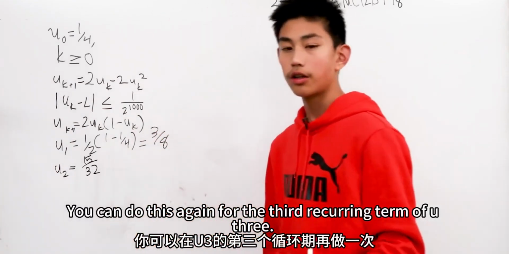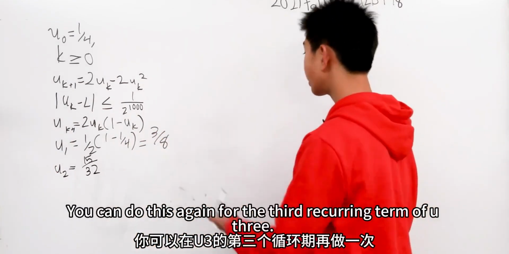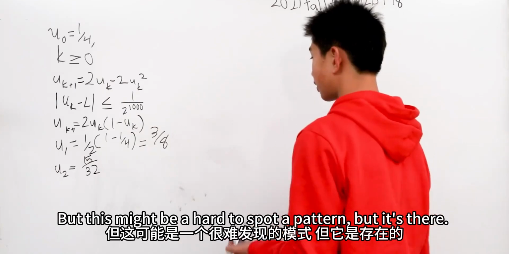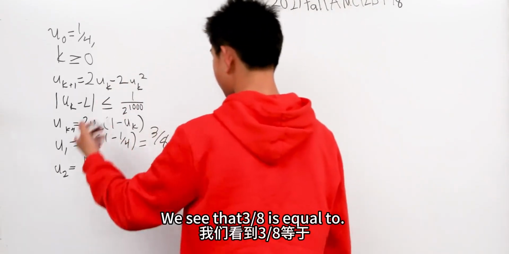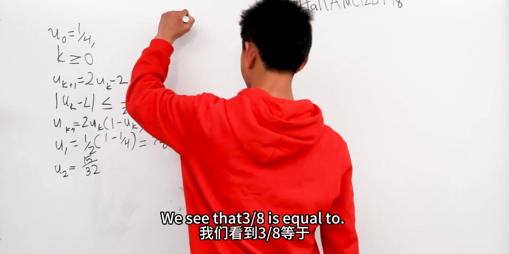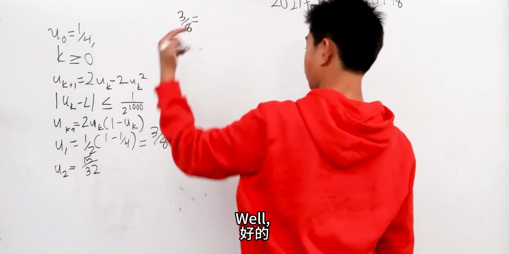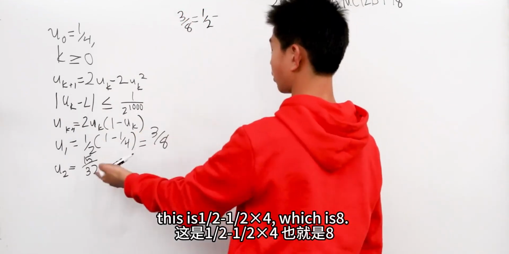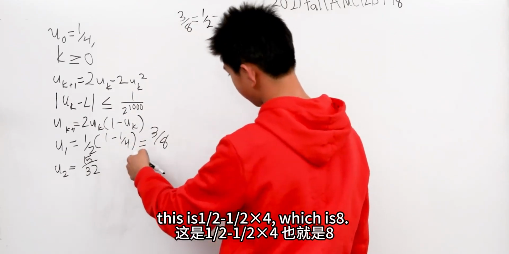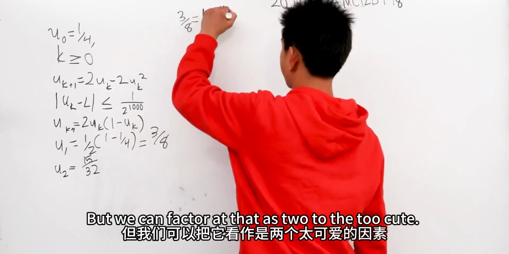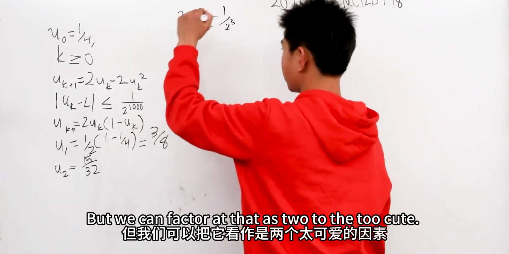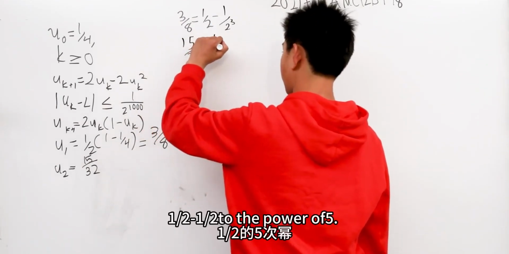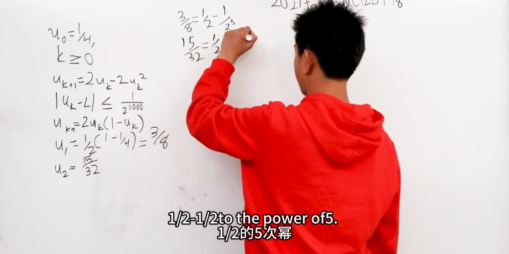You can do this again for u3, but this might be a hard pattern to spot, but it's there. We see that 3/8 is equal to 1/2 minus 1 over 2 times 4, which is 8, and we can write that as 2 cubed. 15 over 32 is, again, 1/2 minus 1 over 2 to the power of 5.